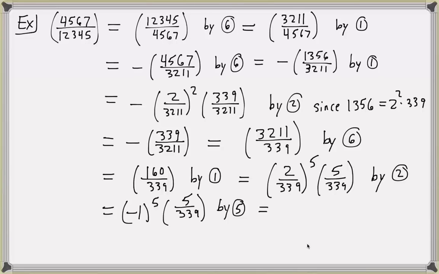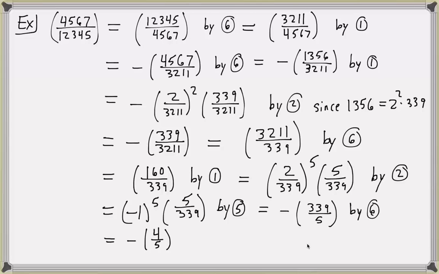And then by the law of quadratic reciprocity, I just have negative 1 times the Jacobi symbol 339 over 5, and reducing mod 5 gives me negative 4 over 5.